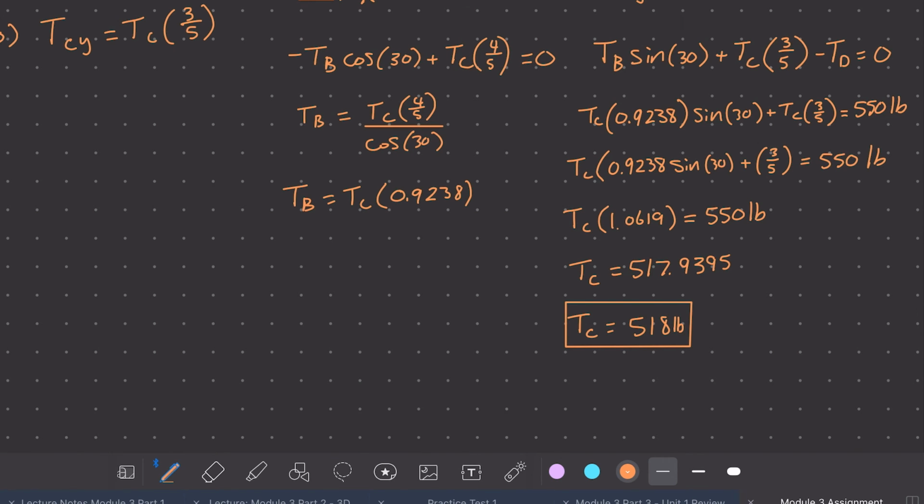Now that we have that, we can go back and solve for TB from the sum of the forces in the x direction equation.